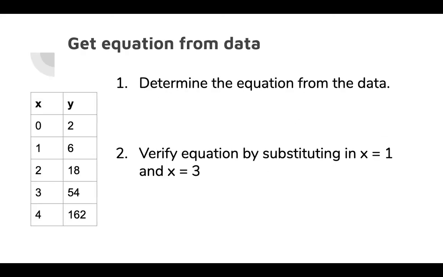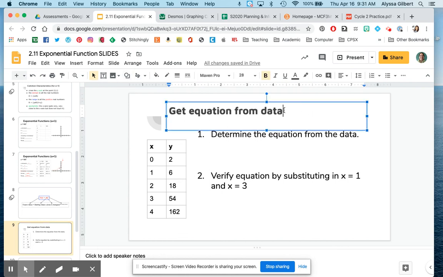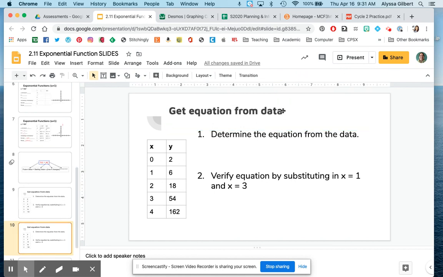Now, I just wanted to show you something quickly to go from a table of values to get the equation. So what I want you to do here is look at 2 things. I'm going to go down the next slide so that it's the same.